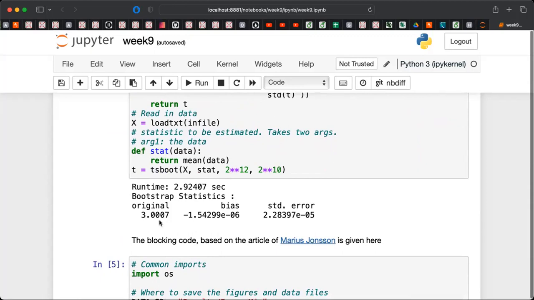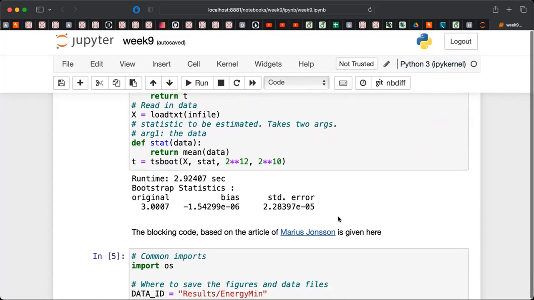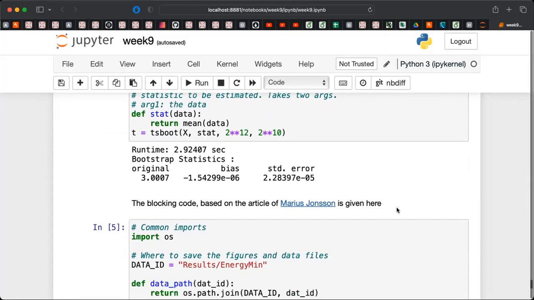So it has an original value here. I actually changed the data a little bit in these runs. And it calculates the standard deviation, which is a standard deviation which assumes that I actually have very simple, independent and identically distributed elements. So this standard deviation here is a little bit too optimistic.